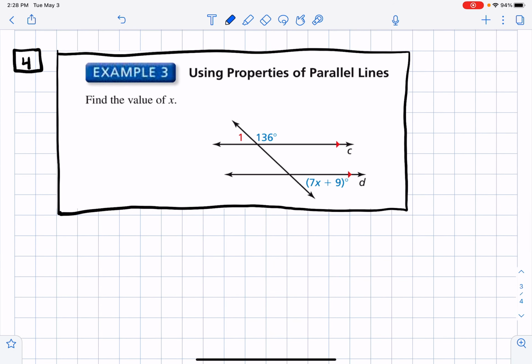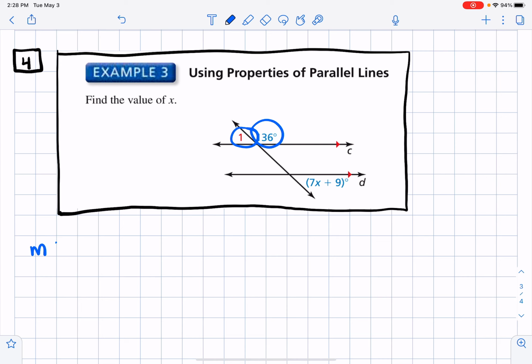Okay, lastly, in box 4, the last one of this lesson, using properties of parallel lines, we can see that it says find the value of x. I can already tell that 136 and the measure of angle 1 have to add up to be a linear pair.